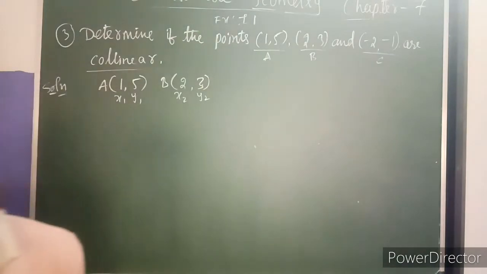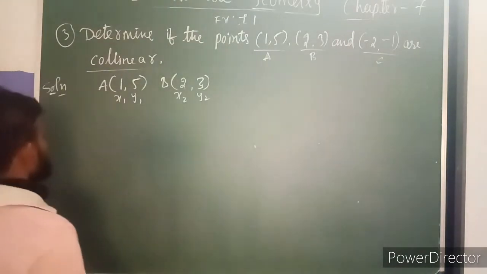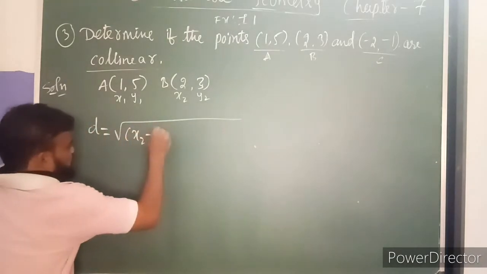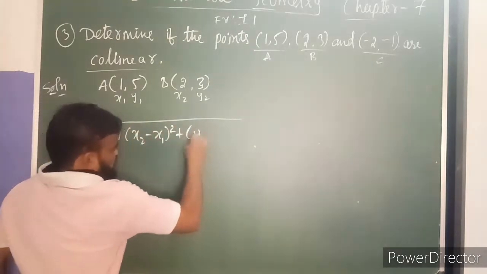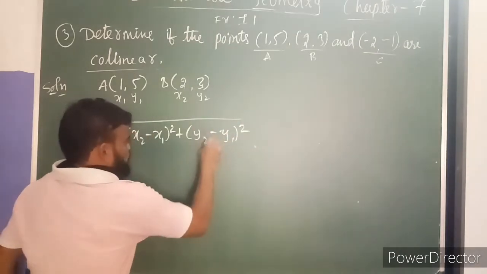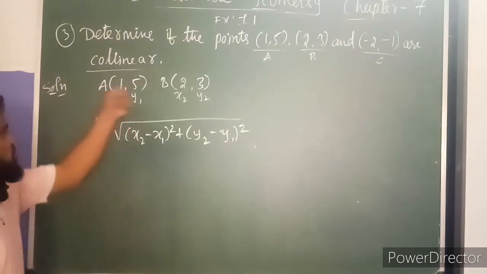Okay. Now here we have to take the distance formula. D is equal to under root x2 minus x1 whole square plus y2 minus y1 whole square. This is the formula. We have to find the distance first for AB.